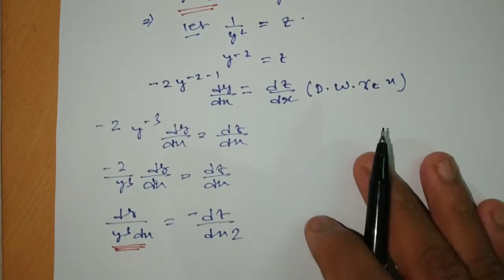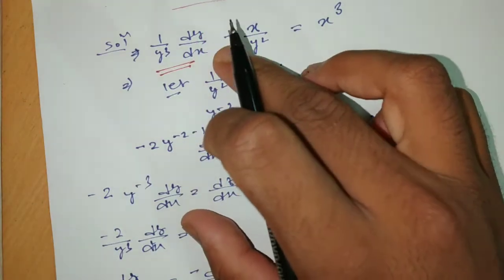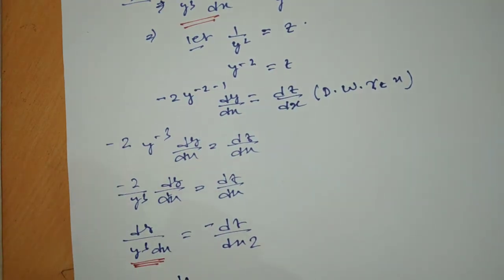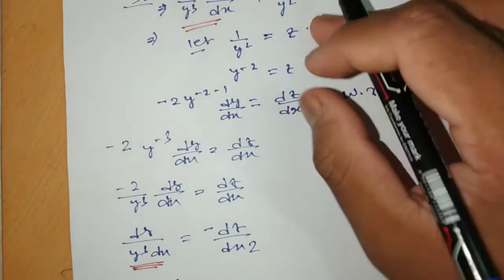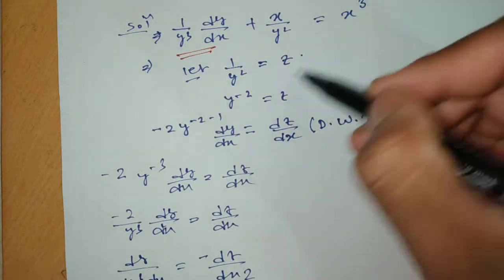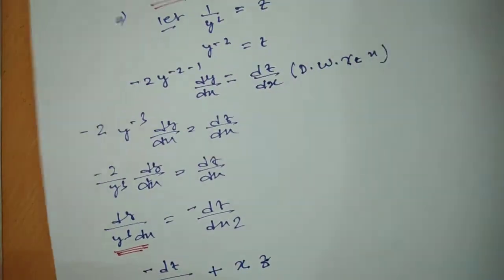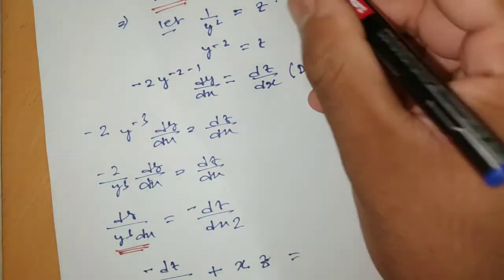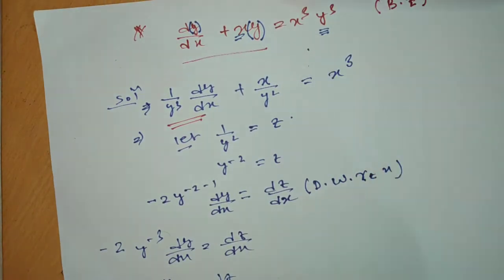So it will be minus dz upon 2 dx, plus x times 1 by y square, and 1 by y square is equal to z, is equal to x cube.